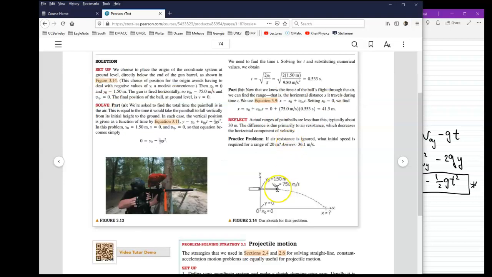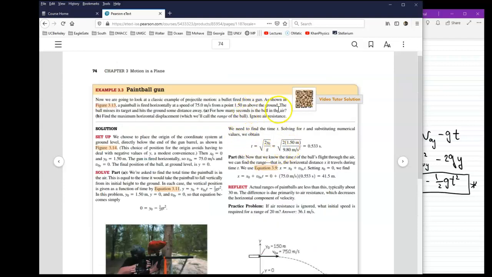Okay, here's the diagram. I would rather look at the diagram. So here's the gun. It is fired horizontally, which means there is no initial y component. You see what I'm saying? So here is the horizontal component, and it is 75 meters per second. The height of the gun is 1.5 meters above the ground. The ball misses its target and hits the ground some distance away.